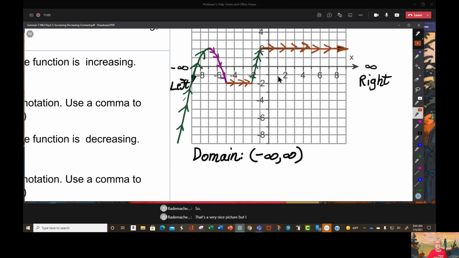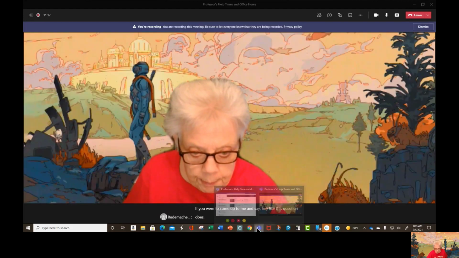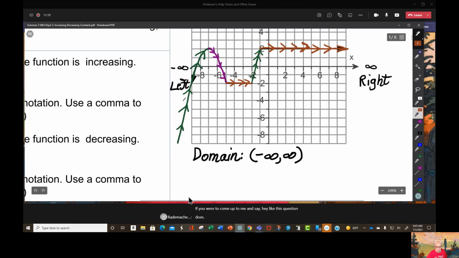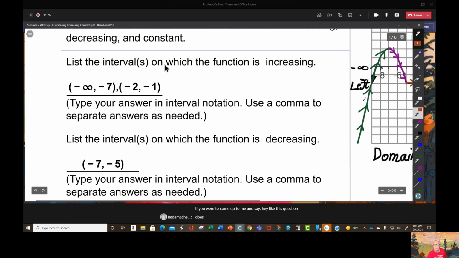But I need to be able to communicate this information to you. If you were to come up to me and say, hey, like this question does: List the intervals on which the function is increasing.